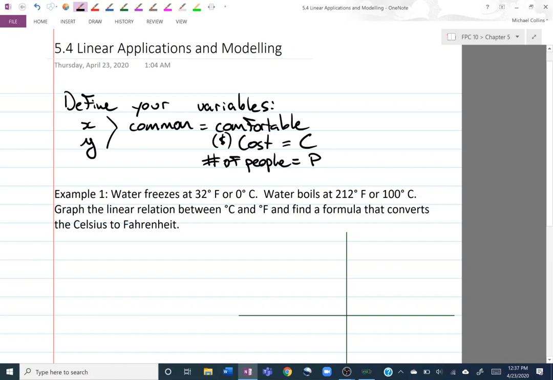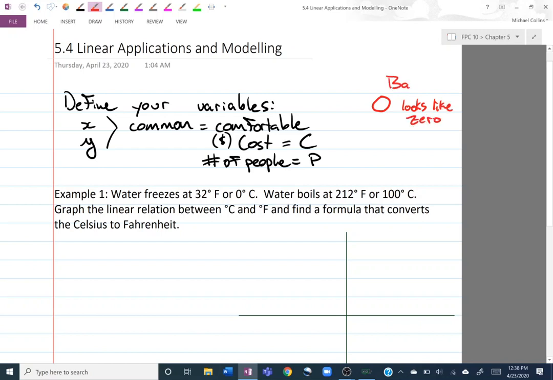Just a word to the y's, a couple of variables to avoid. I can do them in red so that they think they're bad. Variables to avoid: the variable o. O is a very bad variable to choose. It looks like 0.